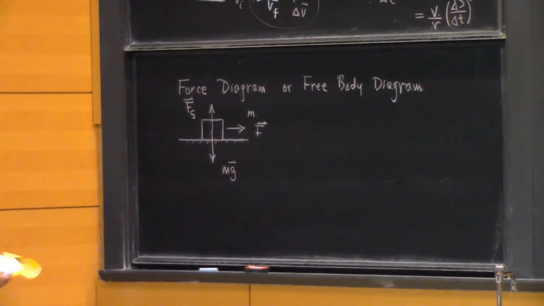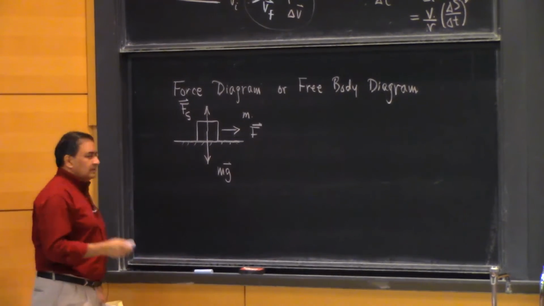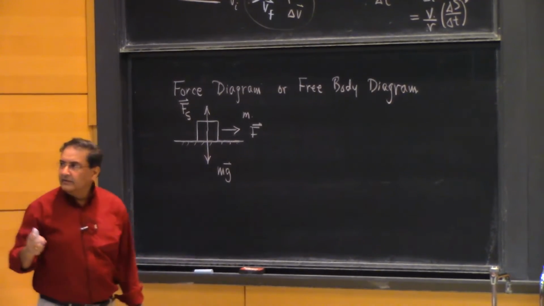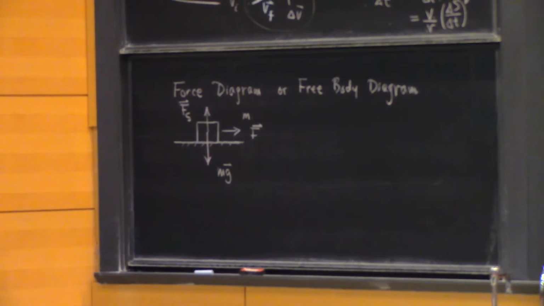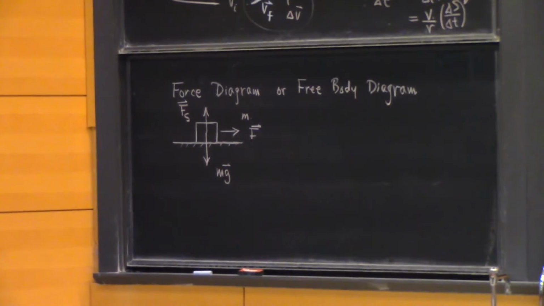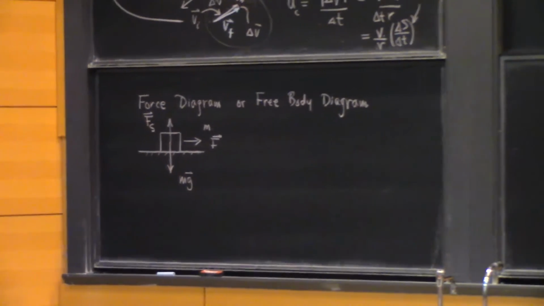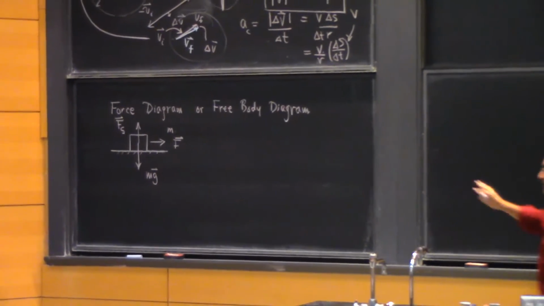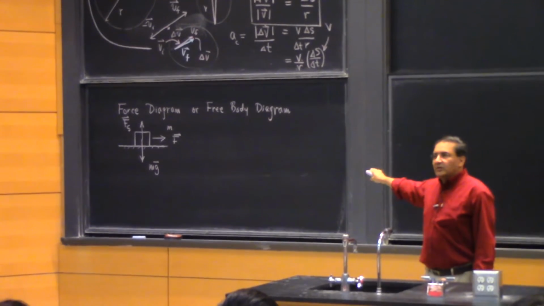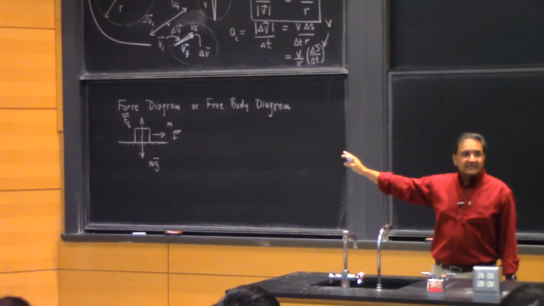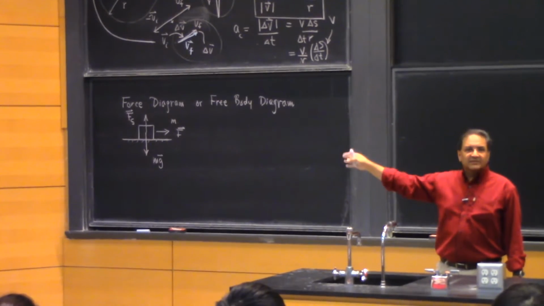So if this force is F, then two things can happen. A, you may not have any frictional force at all. For example, you can be on a surface that's very smooth like ice, in which case you don't have any frictional force. In which case this F will immediately give you an accelerating block, because Newton's second law tells us that F is mass times acceleration.